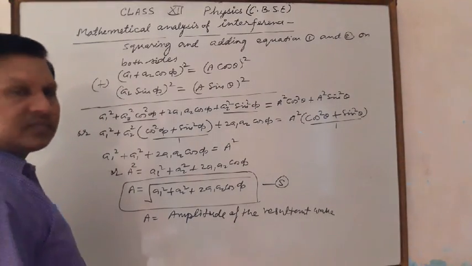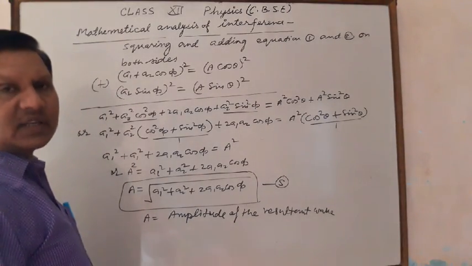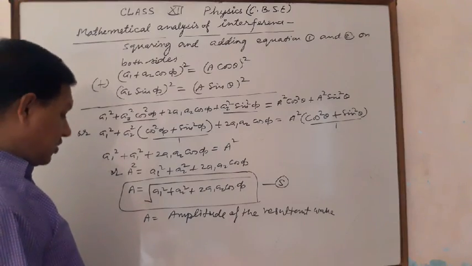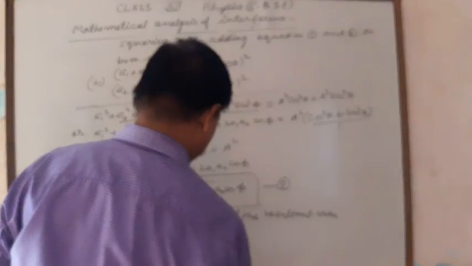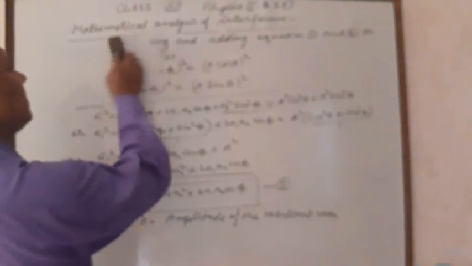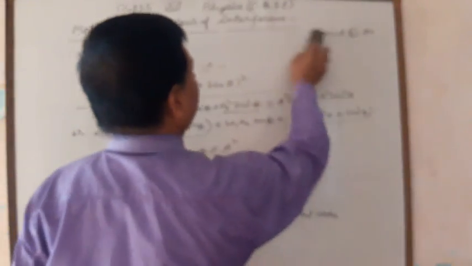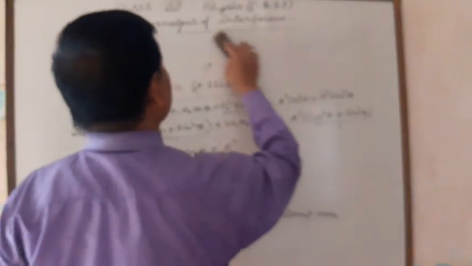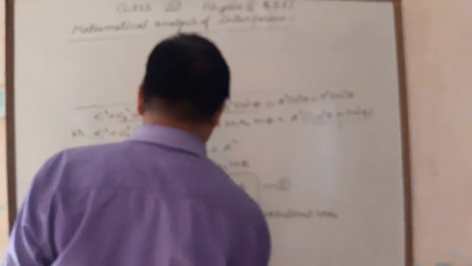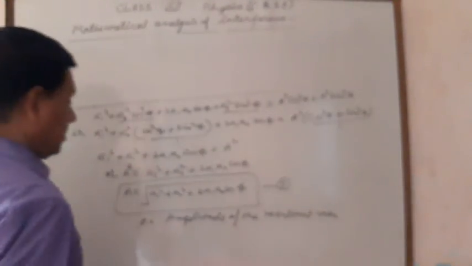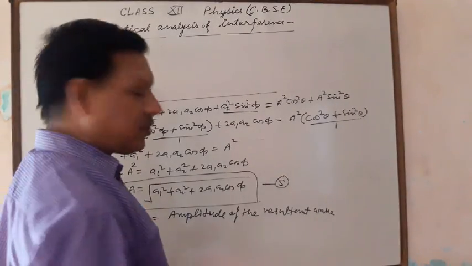Now we find out the expression for the intensity of the resultant wave. Since we know that the intensity of a wave is directly proportional to the square of the amplitude of the wave.